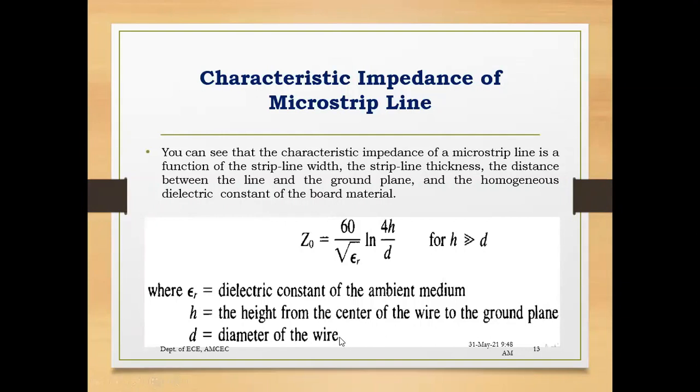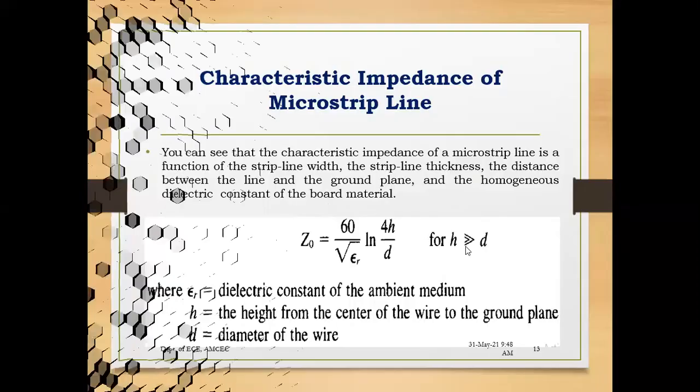D is the diameter of the wire. Again, there is no derivation. You just have to remember the equation of the characteristic impedance of microstrip line, which is Z0 equals 60 divided by square root of epsilon Re times ln 4h by d. Here h should be greater than d, that is, your height with respect to the diameter.